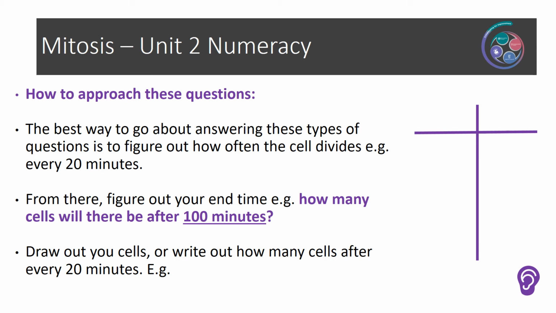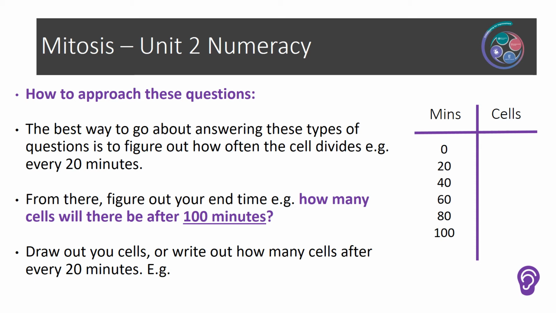I fill in the headings of my t-table with minutes and cells, and that's because we are trying to work out how many cells there will be in 100 minutes. It doesn't matter which way round you put these headings. So if you put cells on the left hand side and minutes on the right hand side, that's totally fine as well.